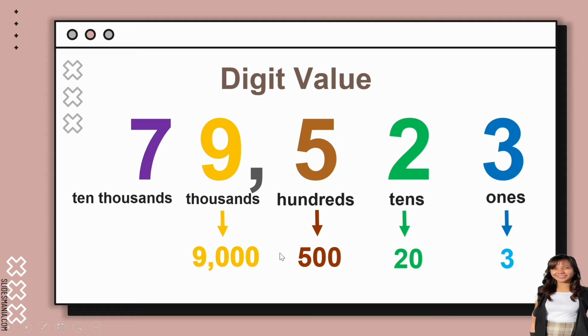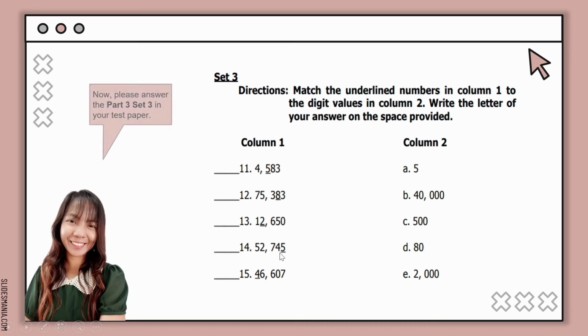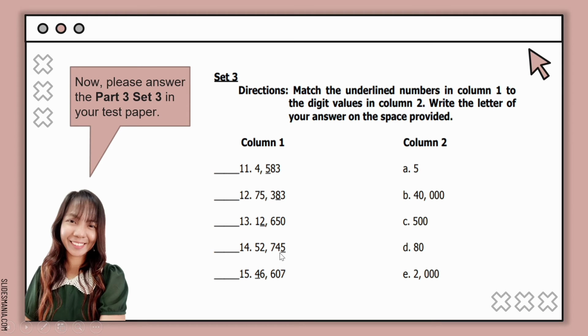So the digit value is 70,000. Now please answer part 3 set 1 in your test paper. Write the digit values of the underlined numbers only.